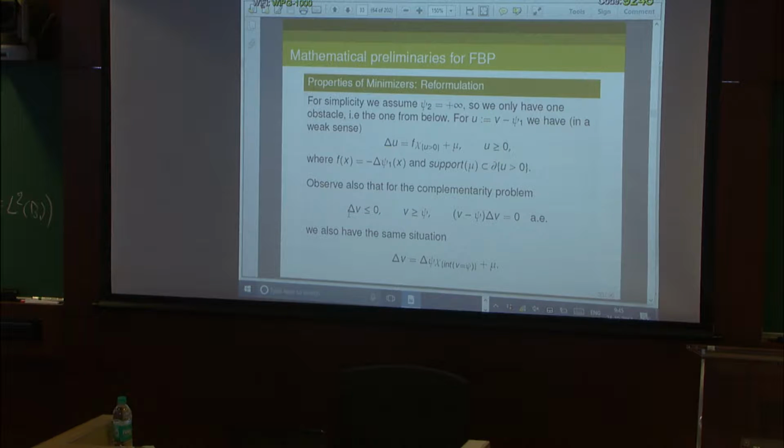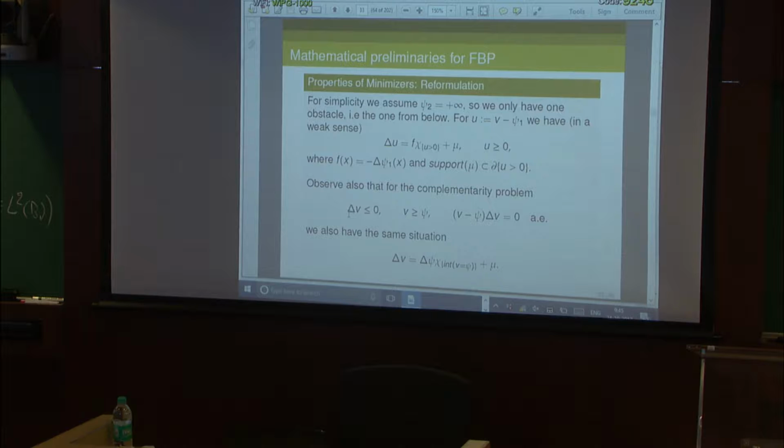When it's not touching here, things may happen. So these are very specific points, the free boundary points. And the whole program is about what happens here, because this is far away from standard partial differential equations.